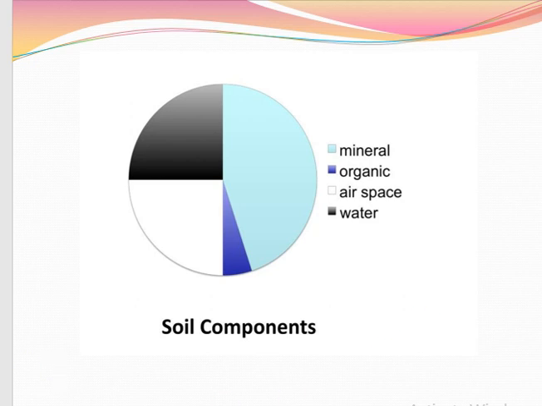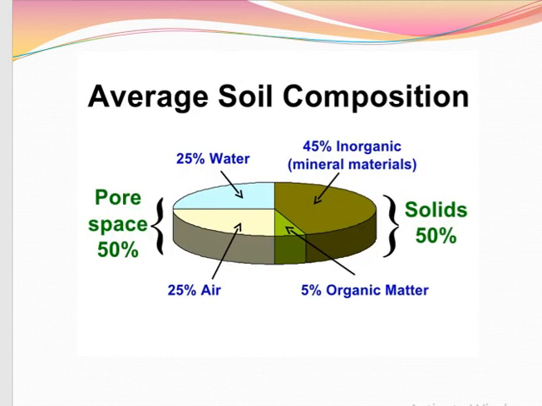Then we have to know the actual components. I have not shown them in this particular figure, but I will show them in the next figure. You can see now. Major components are soil water, that is 25%. The water present within the soil, not on the soil, is 25%.